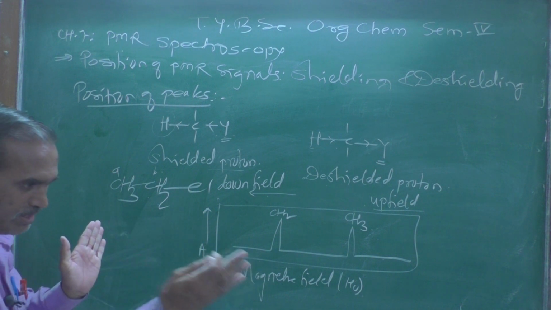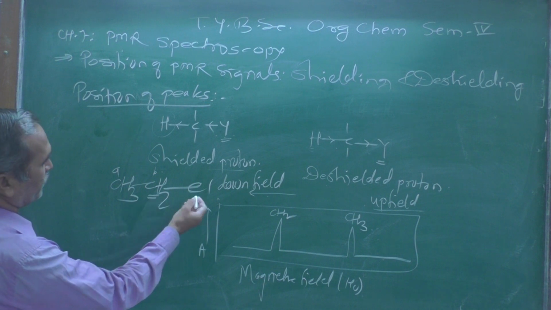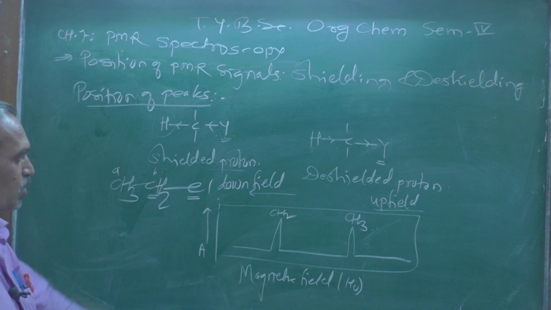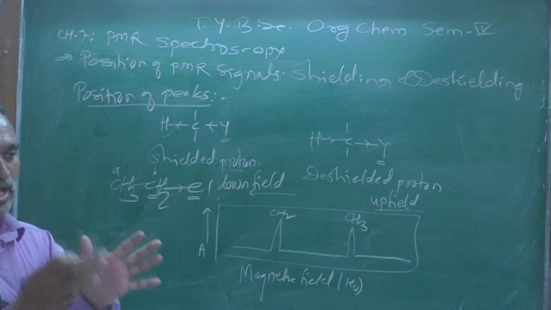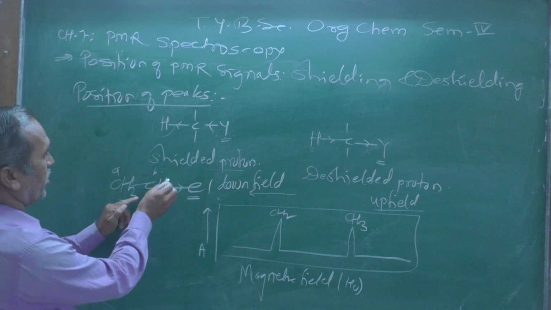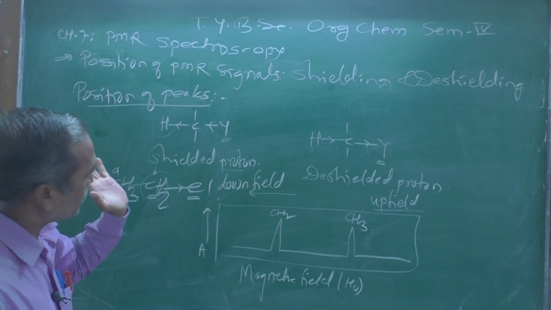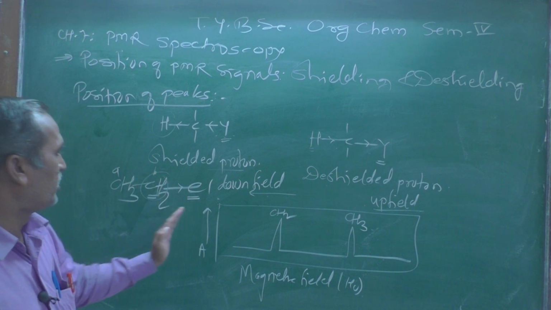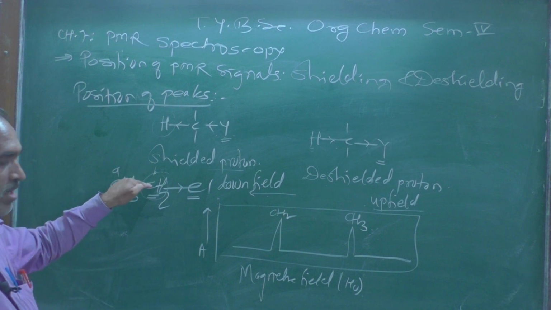Now, which one is shielded and which one is de-shielded among these two? They are in totally different chemical environments, but this methylene group is further attached to the chlorine atom, and as we know, the chlorine atom is highly electronegative in nature, it withdraws electrons from this proton. When the chlorine atom withdraws the electron, these protons get de-shielded.